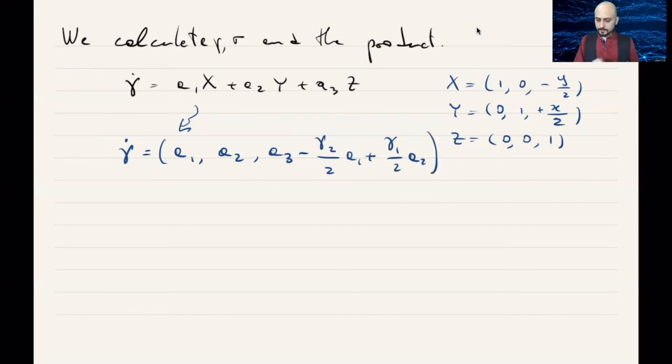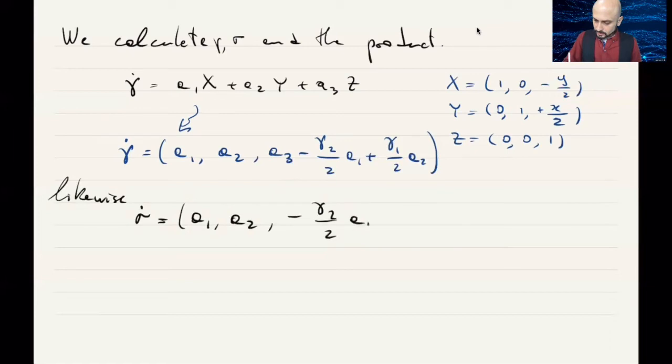So this is gamma. Likewise, sigma dot instead does not have this a3 part. So it's a1, a2, minus gamma 2 half a1 plus gamma 1 half a2.